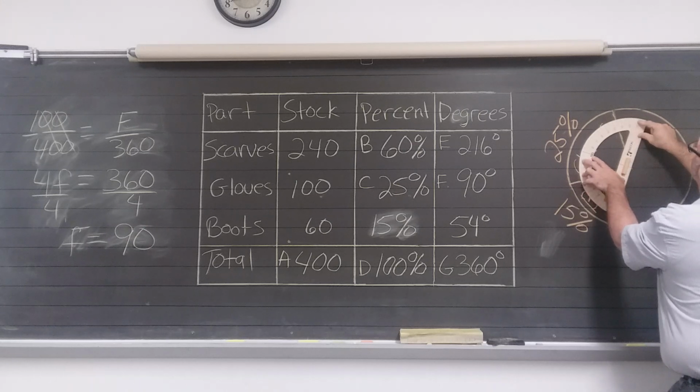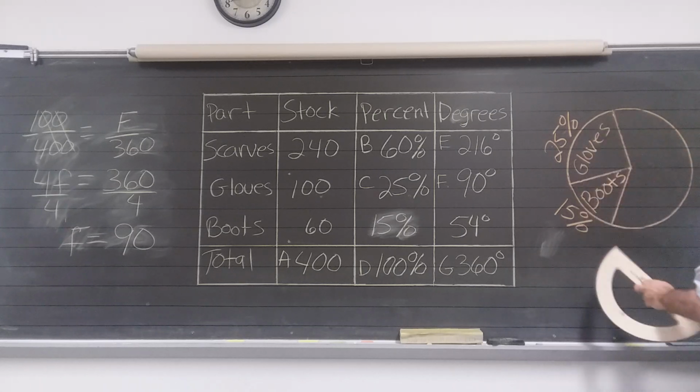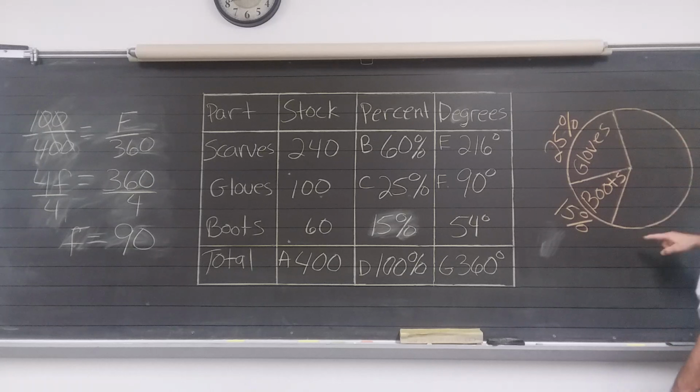Actually, yes, 216. Once you have two of them, 216 degrees is more than half of a circle, okay? And we don't draw 216 degrees. If you make these two right, then this is what's left.